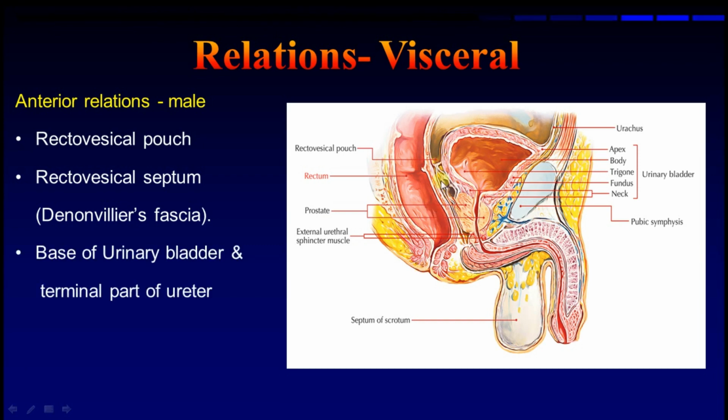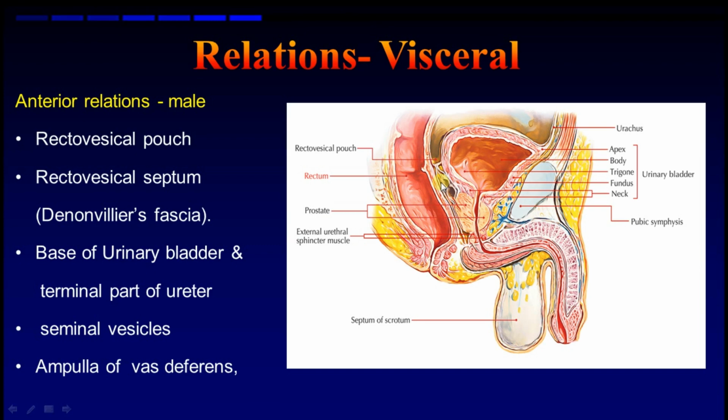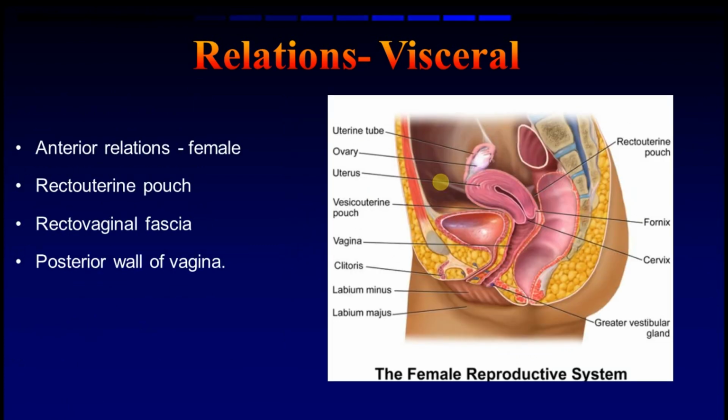Okay, so it is related to the base of urinary bladder and terminal part of ureter, seminal vesicles, ampulla of vas deferens and prostate. In case of females, it is related to the posterior surface of the body of the uterus and posterior wall of the upper part of the vagina. So it is separated from the uterus by the rectouterine pouch.